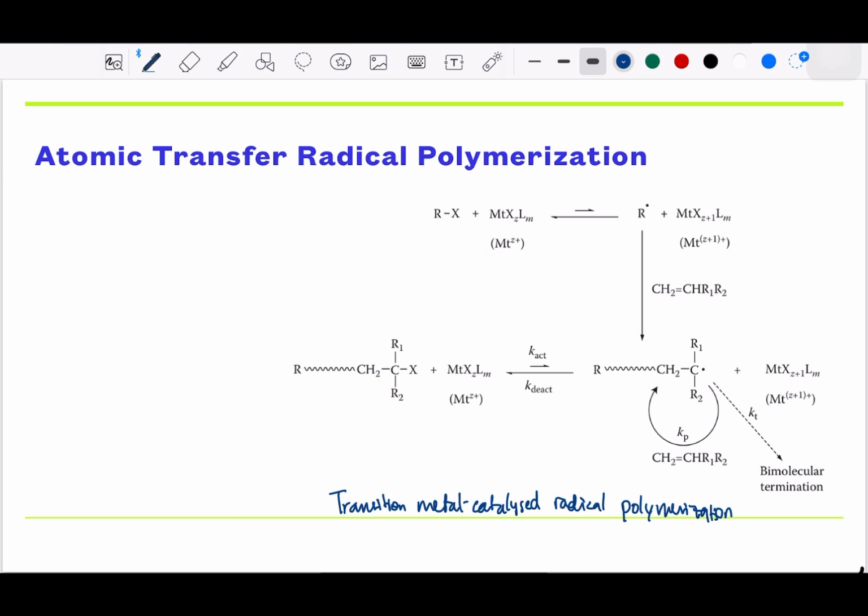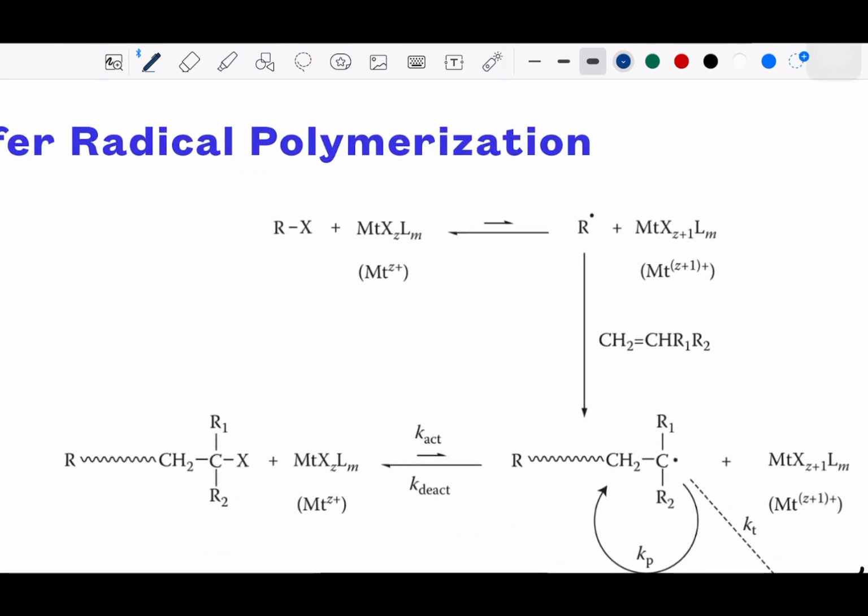So we see that in this chain radical, the chain radical will be released and it will be captured. So here we see the radical from this R-X is going to be R• like that. And basically what it says is this radical will be trapped.